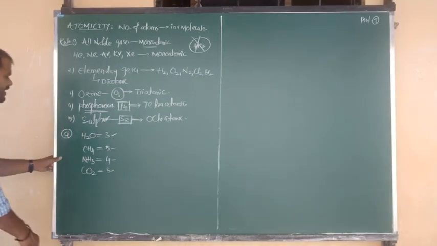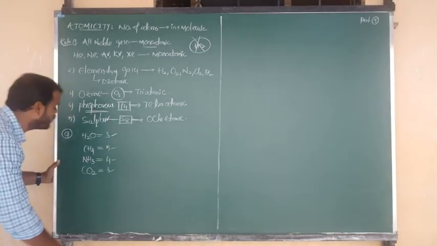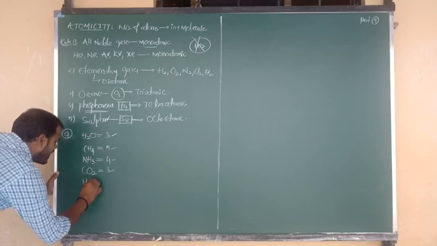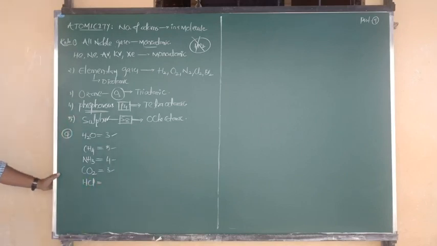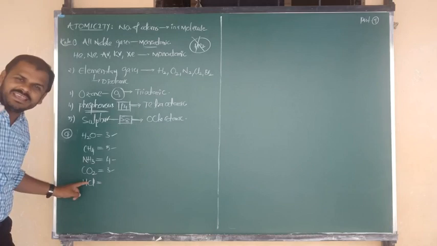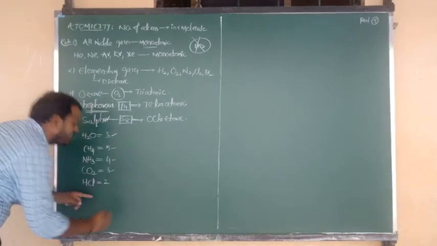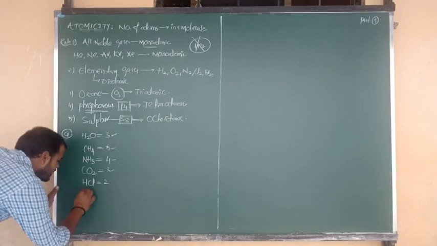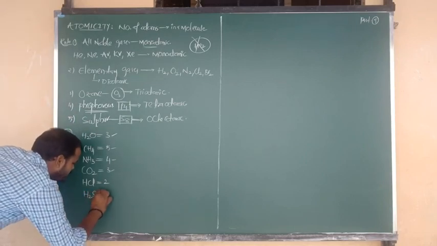Atomicity is 3. Next is hydrochloric acid: 1 hydrogen atom, 1 Cl atom, only 2 atoms, atomicity is 2, diatomic. Next is sulfuric acid, H2SO4.